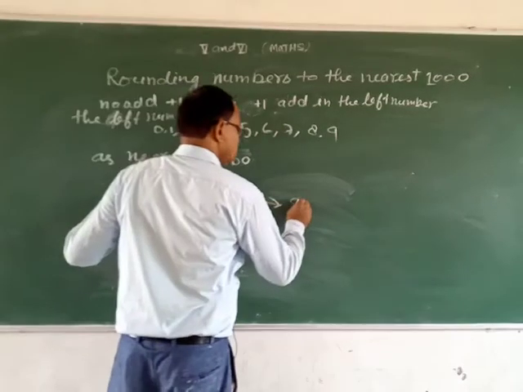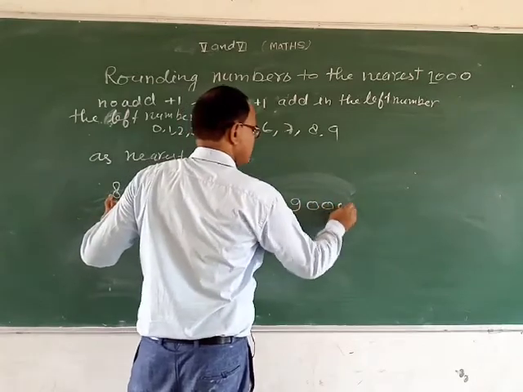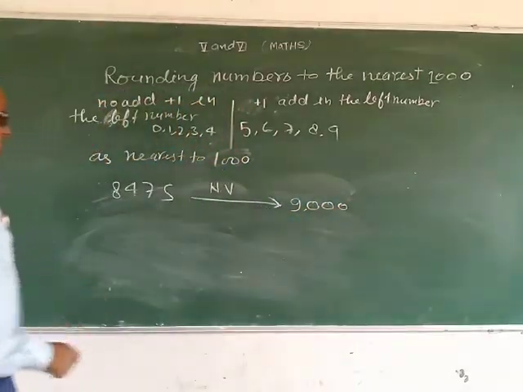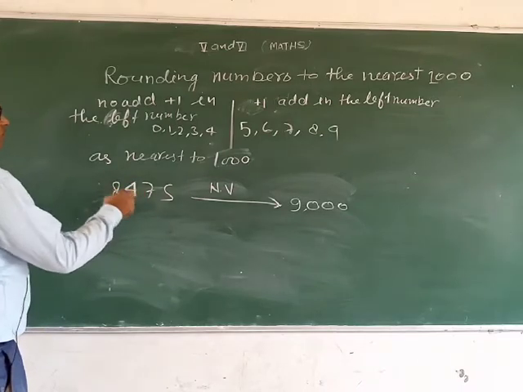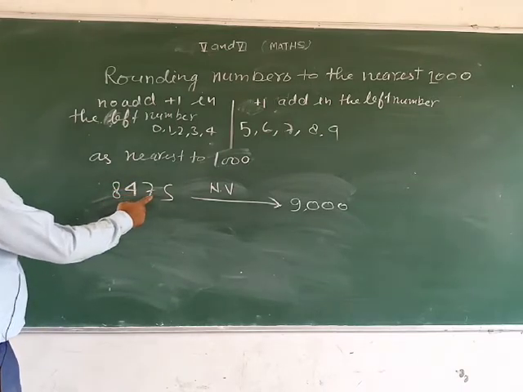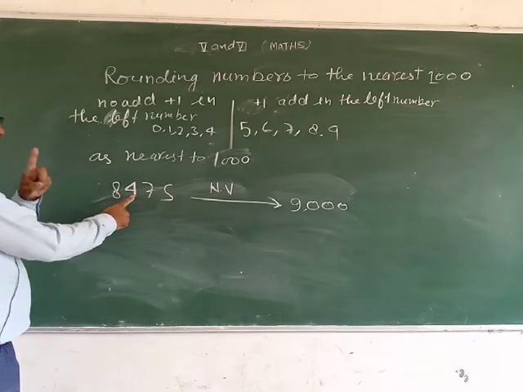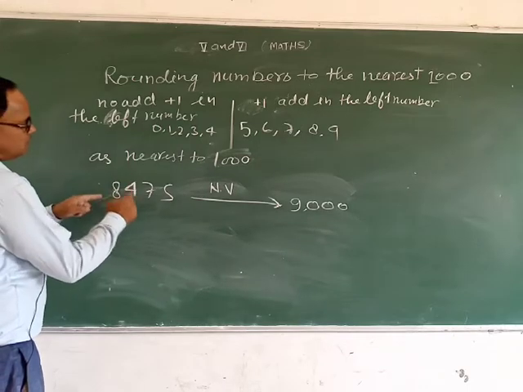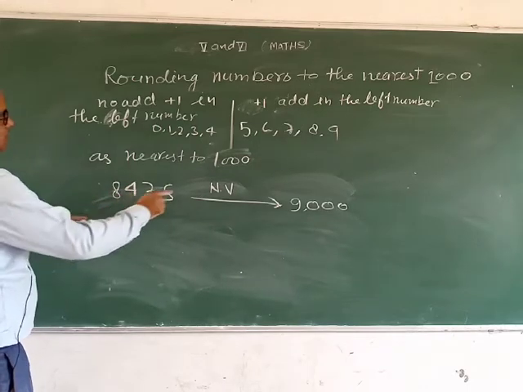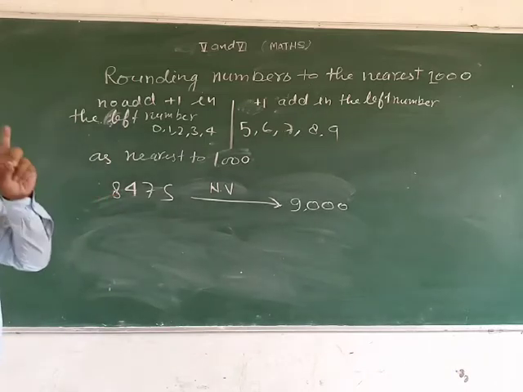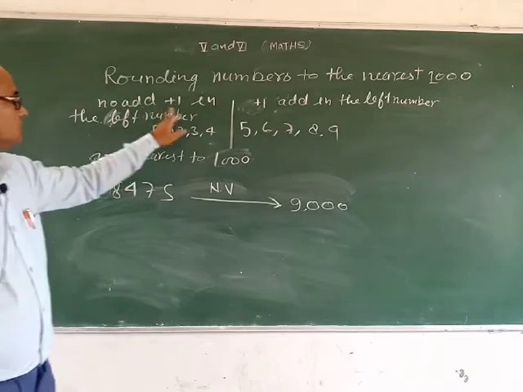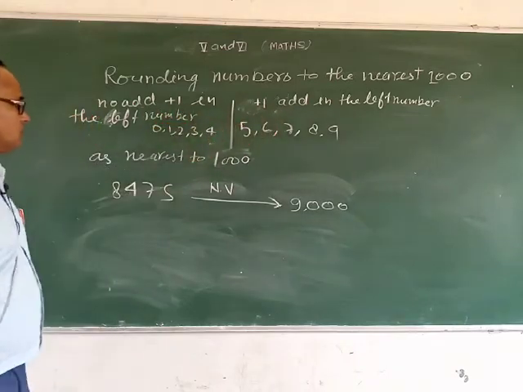Then write here 9000. Okay, but here is 4, but this terminate gives plus 1. Then it makes 5, and 5 terminate from here, then it adds 8 plus 1 by this rule. Okay.